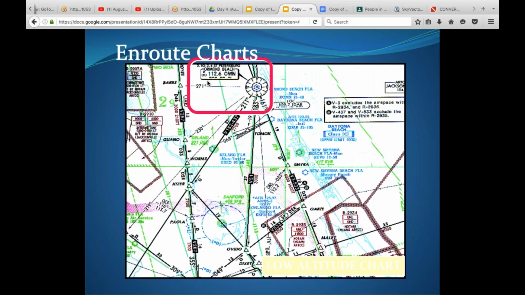Do you want to tell them about the service volumes there, Davis? Yeah, so with high VORs, our service volume is going to be 130 nautical miles. That means at 130 miles away, we'll start to be able to pick up that frequency. And a low VOR is 40 nautical miles.